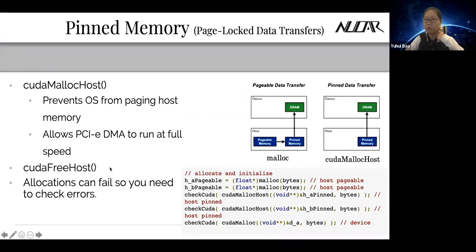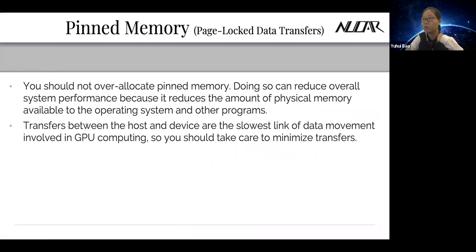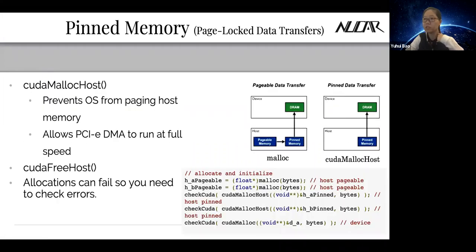Then you have to free that using cudaFreeHost. You might have a problem where you couldn't pin that memory, so that allocation may fail. So you'd better do the CUDA check. I think that is one function. You just check the return value of those functions and see if it is successfully allocated.